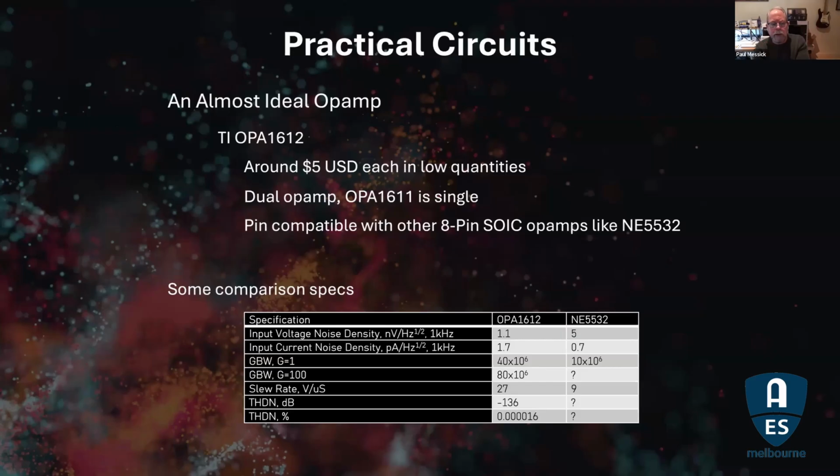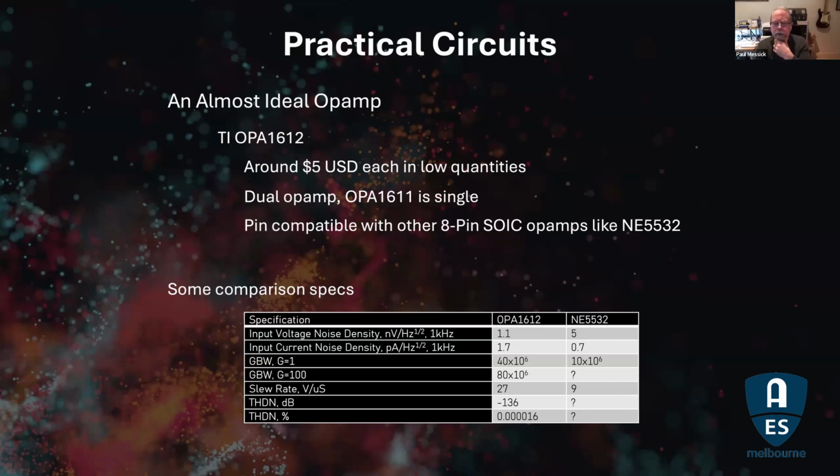When you turn the gain up to 100, though, the 1612 actually gets better. I don't know what a 32 does, but you start to run out of steam as the gain goes up. The bandwidth actually starts to come down.